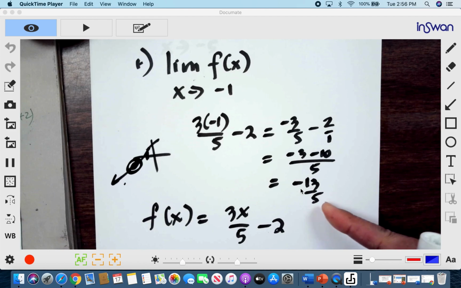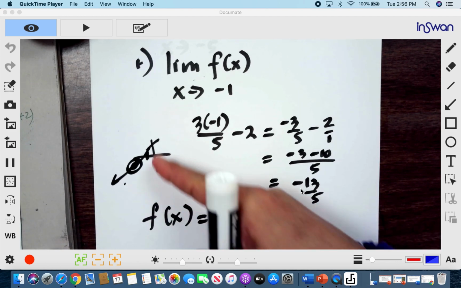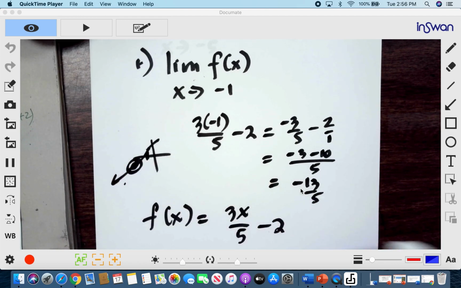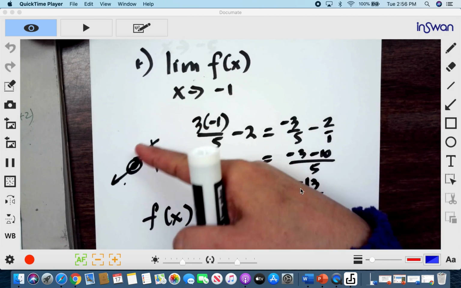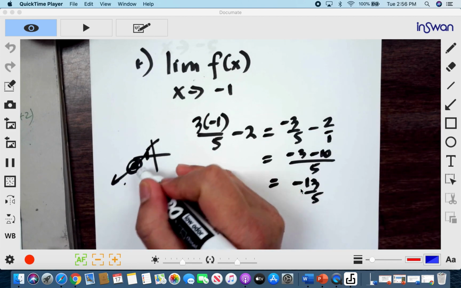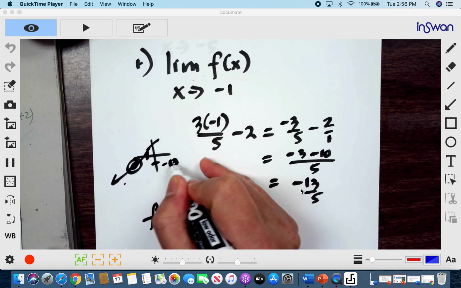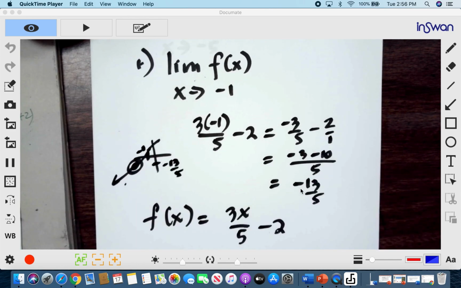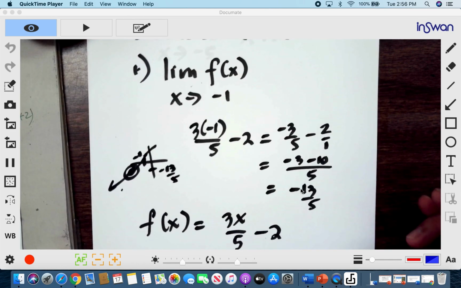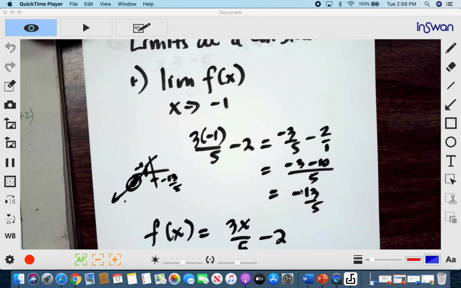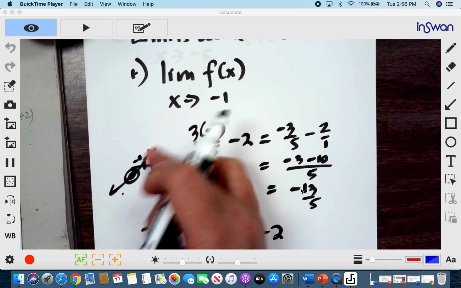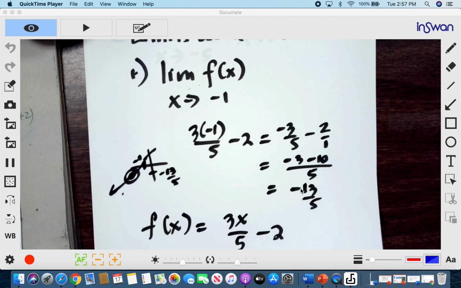We're referring to this value here as x is approaching -1 from the left and from the right. So this must be -13 over 5, and this is -1. Remember, this is not a right hand or left hand limit, it's the limit itself. So we need to consider the left hand and the right hand of the function.